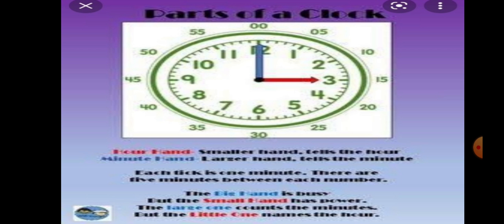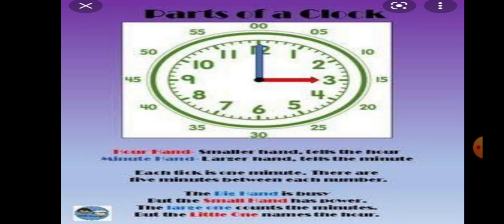Parts of a clock. Hour hand. The small hand tells the hour. Minute hand. The larger hand tells the minute. Each thick line is 1 minute.